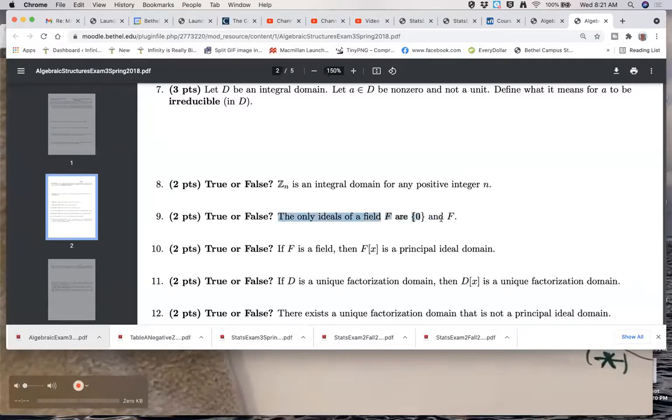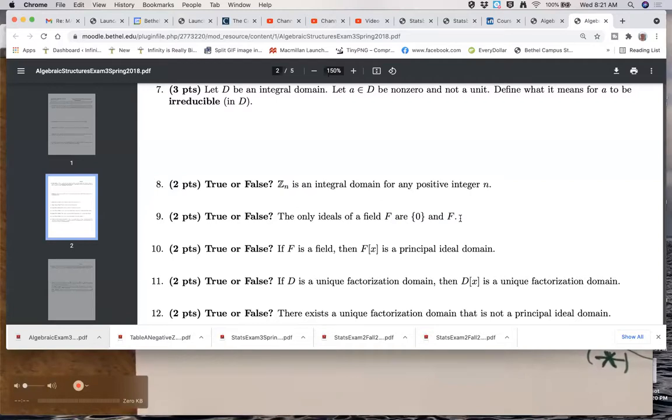What about this one? The only ideals in a field are trivial or the entire field itself. I did talk about that, though. I didn't really talk about it directly, but there was an example, and I said it was an important example that we talked about related to ideals in fields. That is enough to tell you whether this is true or false.